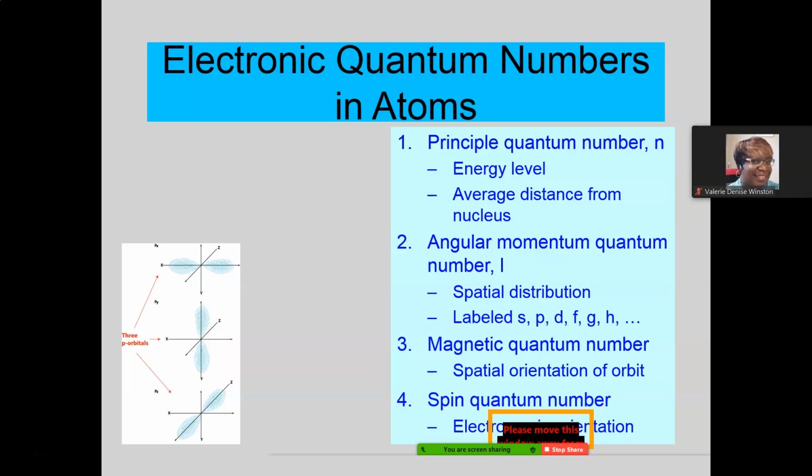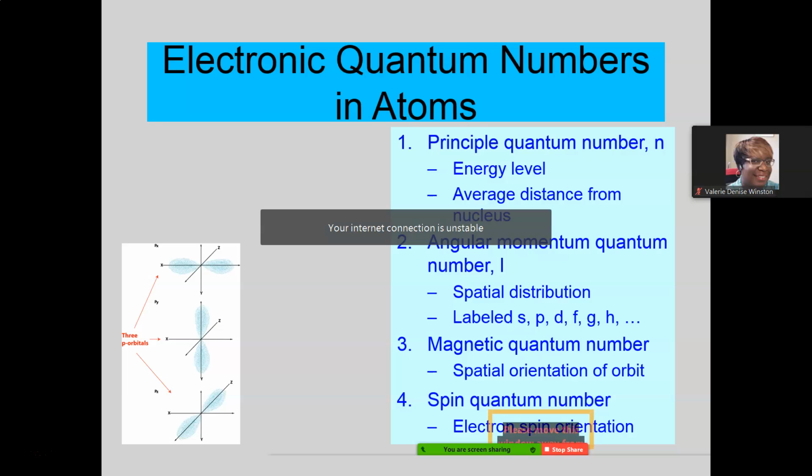You see one's going on the x-axis, one's on the y, one's on the z. But then the D orbitals, they're all over the place. You have 5 sets of lobes. That's a total of 10 lobes. Okay, and we'll go on from there.